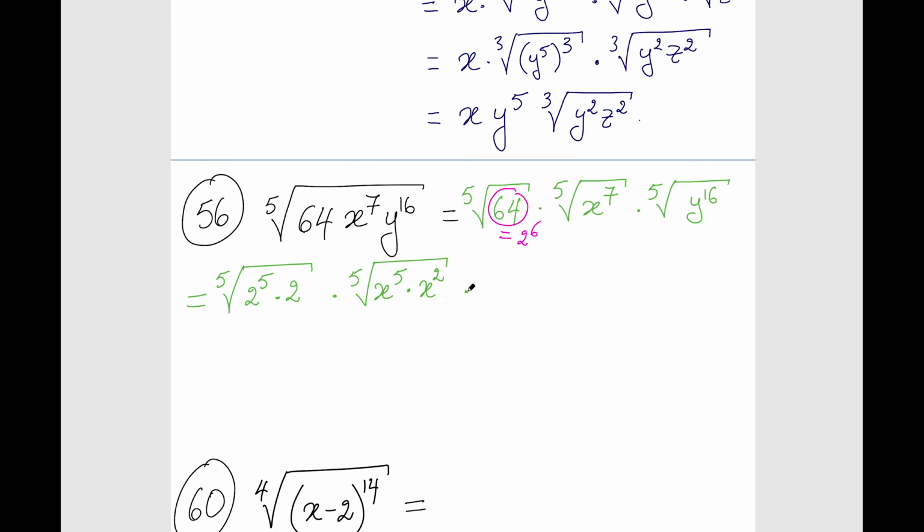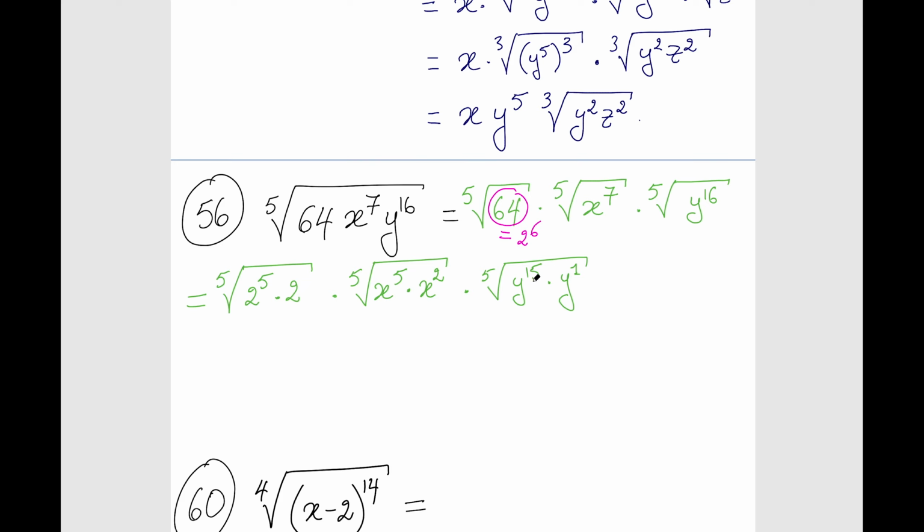correct? And then the last entity, the highest multiple of 5 and 16 is 15. So you're going to get y15 times y, correct? Because y means y to the power 1. y15 times y to the power 1 is y16.